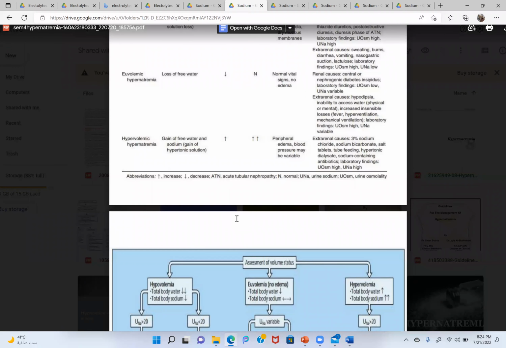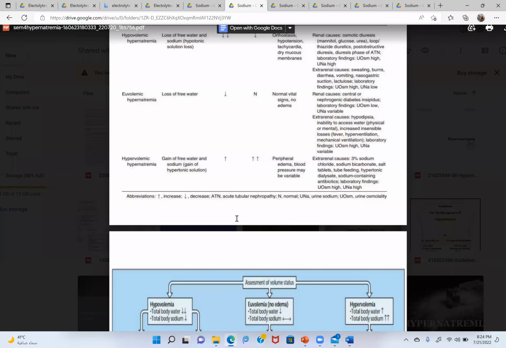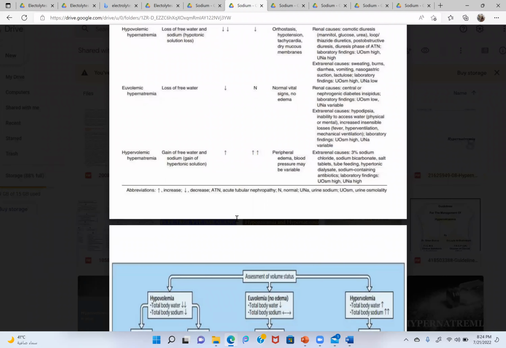In euvolemic, there is loss of free water, and total sodium will be normal. Normal water size, no edema. Renal causes are central diabetes insipidus, as I told you, and extra renal causes are hypo, where we are taking less water, resulting in hypernatremia.